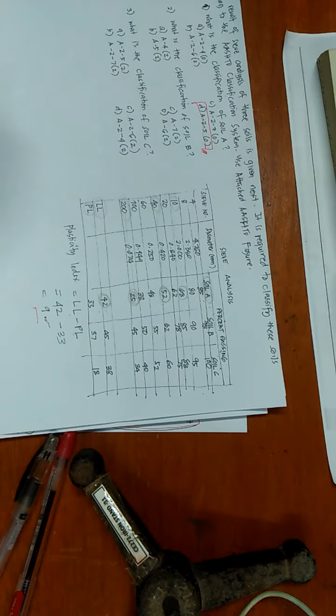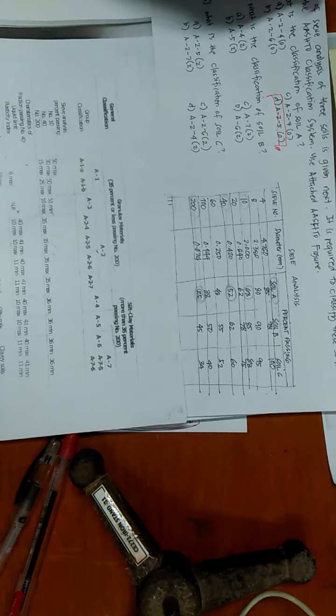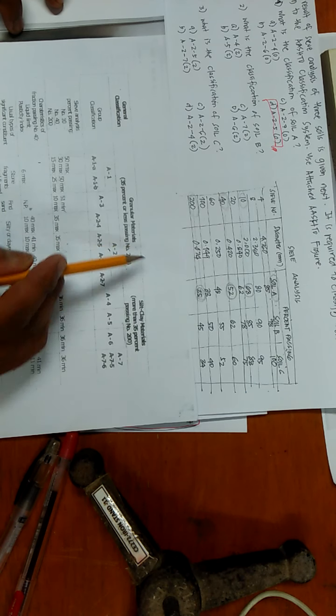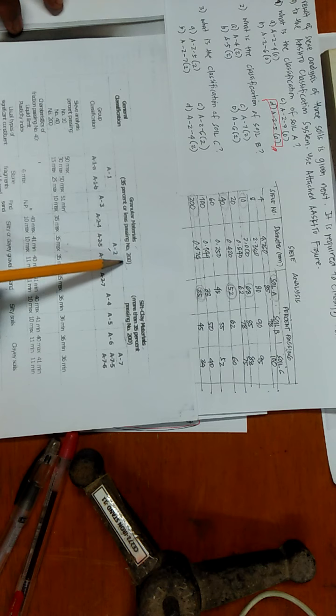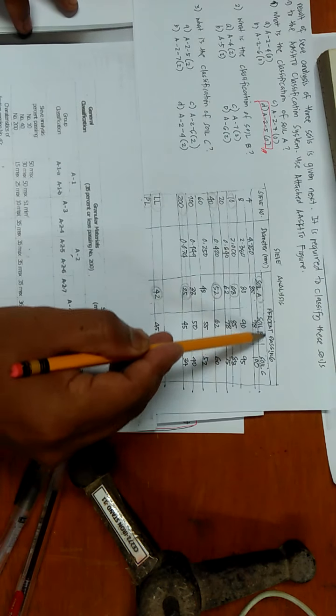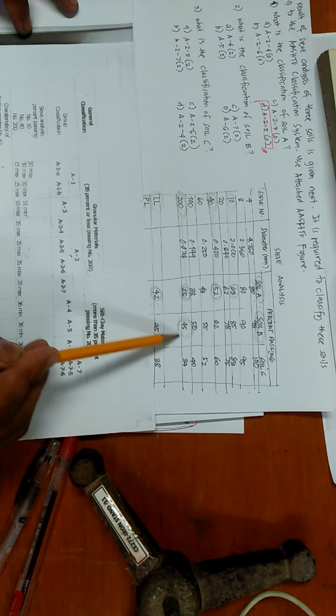Ayan, soil B natin. Again, ano yung una nating gagawin? We need to identify whether it is granular or silty clay materials using what? Sieve number 200. So, ano yung sieve number 200 natin sa soil B? It is 45.